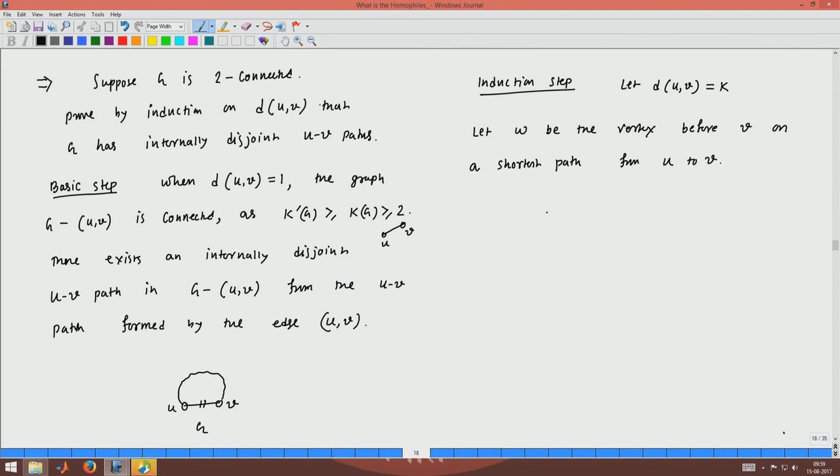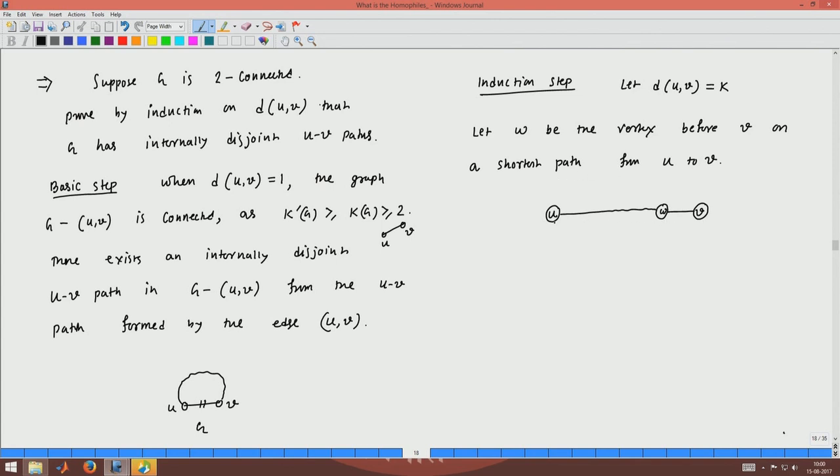So u and v are two vertices which are at distance k, and our final goal is to prove that there are two internally disjoint paths between u and v. At this moment, what we are assuming is that suppose this is the shortest path between u and v, which means the distance between u and v is k, and w is the vertex before v on the shortest path from u to v.